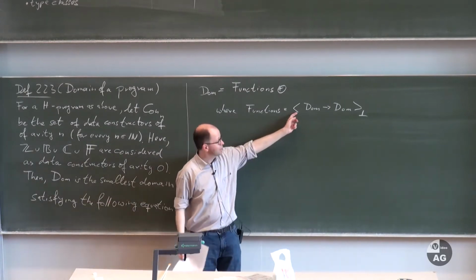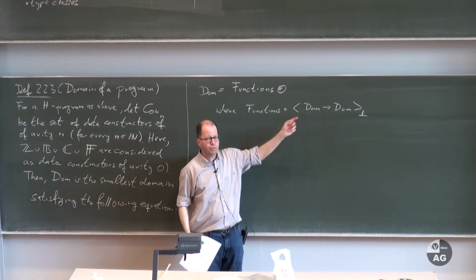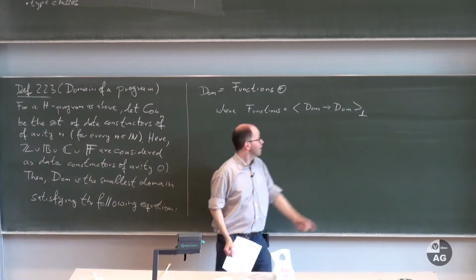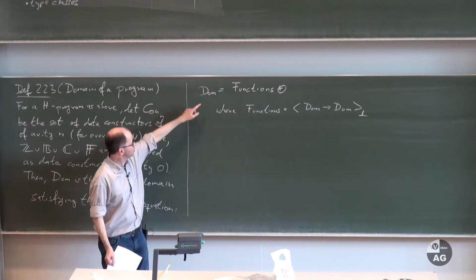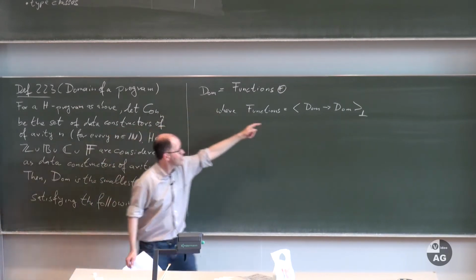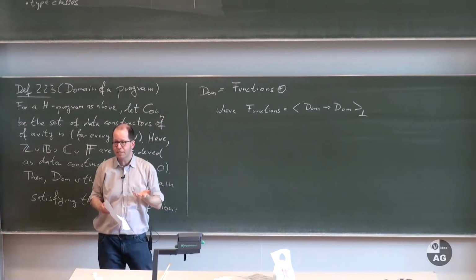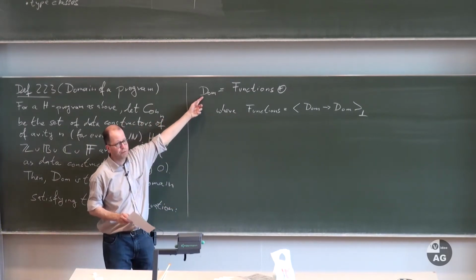These angle brackets mean all continuous functions which map an element from DOM to another element from DOM, plus bottom. And of course, you see that this is a recursive definition because we have DOM on the left-hand side and DOM on the right-hand side. What we mean is we take the smallest set satisfying this recursive equation.